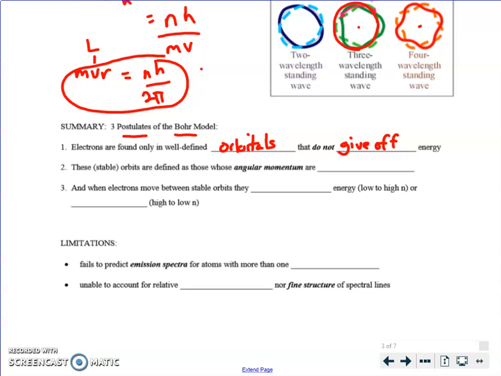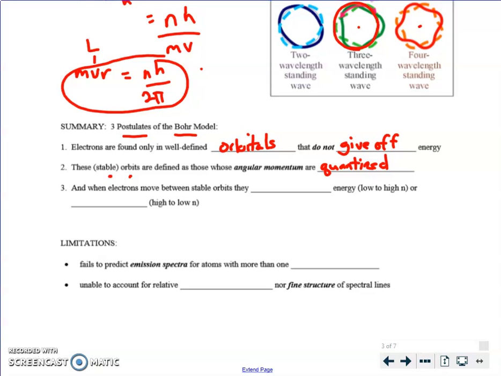Bohr said no. For whatever reason, they just don't give off the energy. These stable orbits, that word stable is implying that we're not giving off energy, are defined by those whose angular momentum is quantized. And I just showed you an after-the-fact rationale for why it would be quantized based on the electron wavelength and a standing wave, or the equivalent standing wave.